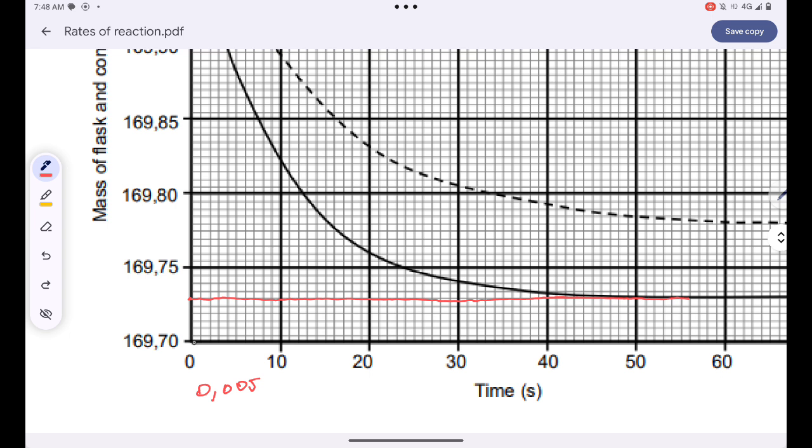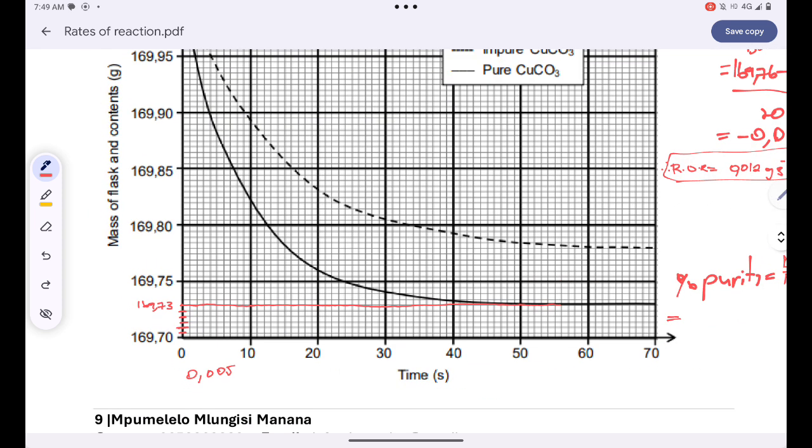So this line over here will simply be 169.705, and then this will be 169.71, 169.715, 169.72, then 169.725, and then the value over there is just 169.73. And then for the impure solution, the completion was reached at this point.